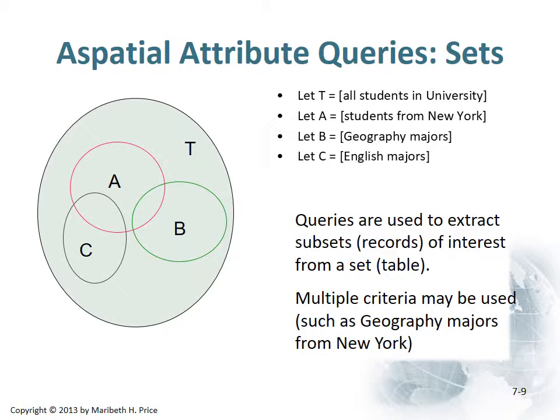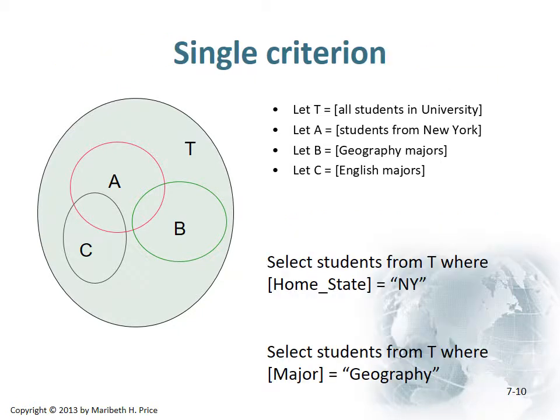So we use queries to pose questions of the data sets that we have, and here's our data set, to get responses from it. So this works very much like how we develop queries for tables of information. If we're looking for a single criterion from our data using the same data universe, if we want to select students from T, where home state equals New York, then we pose that question in SQL, or select students from T where major equals geography.